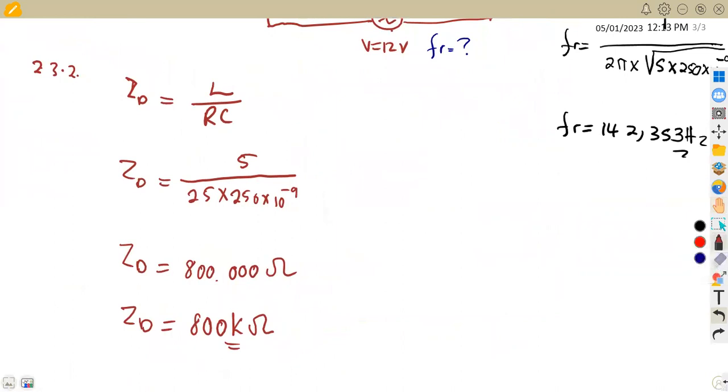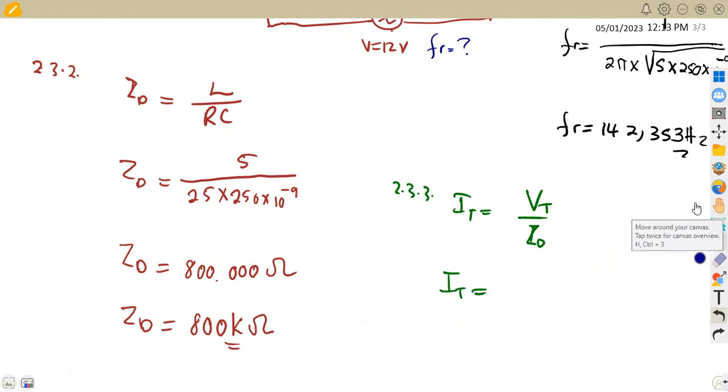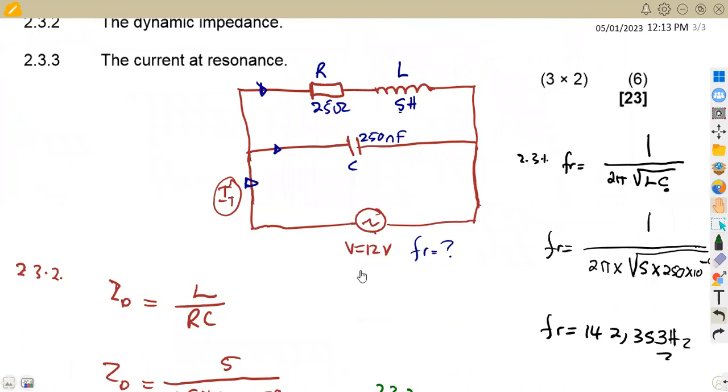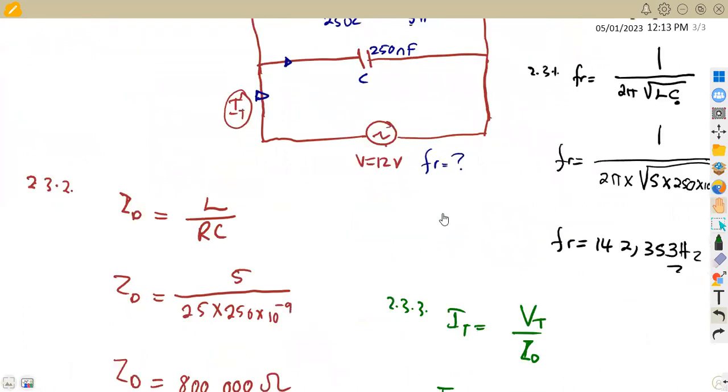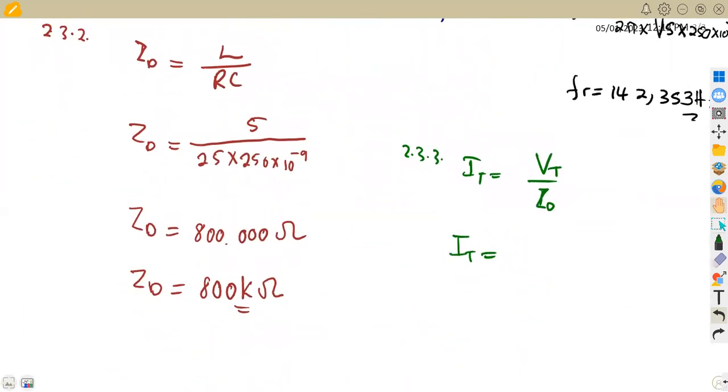So our total current is taken from the total voltage over the dynamic impedance. The total voltage is 12 volts, our supply voltage.